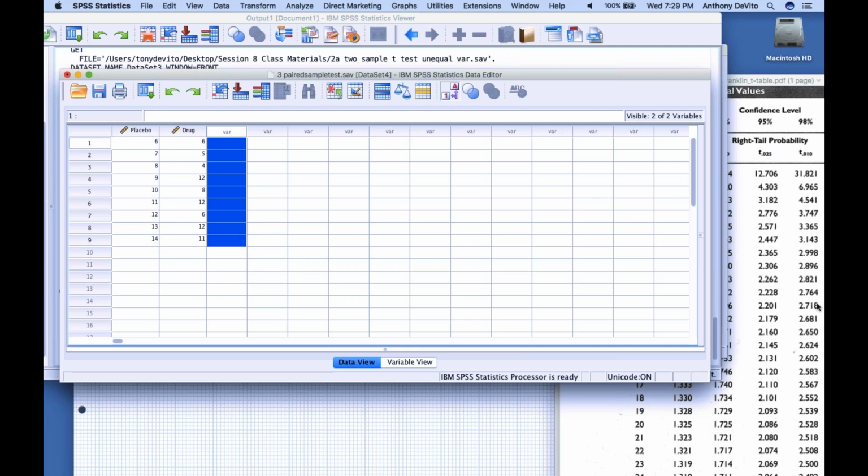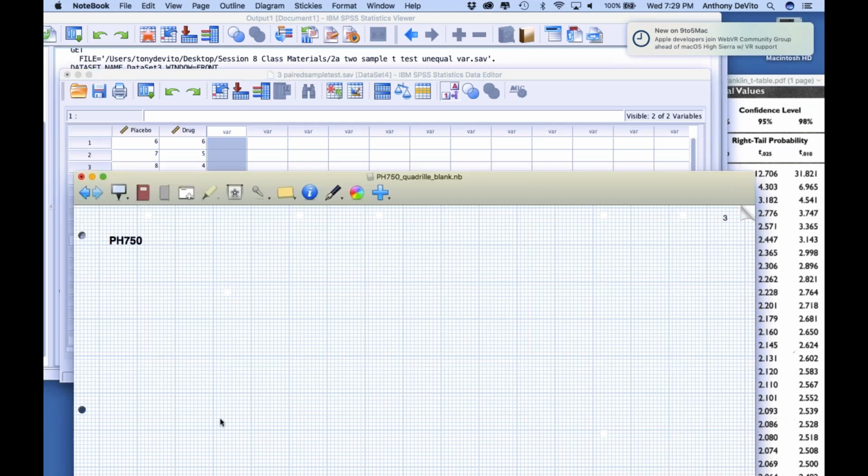Our null hypothesis is that the average of the differences is equal to 0, and our alternative is that the average of the differences is not equal to 0. I could write that this way: mu for the differences is equal to 0, and mu for the differences does not equal 0.